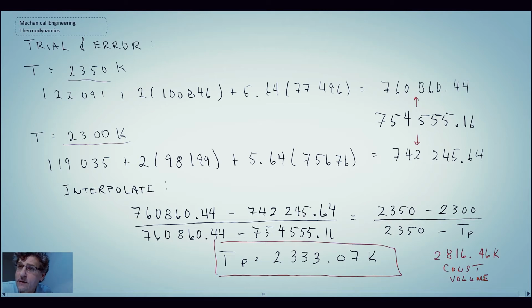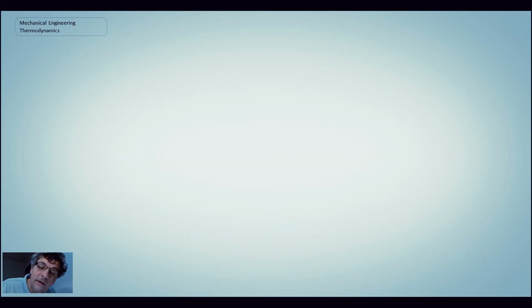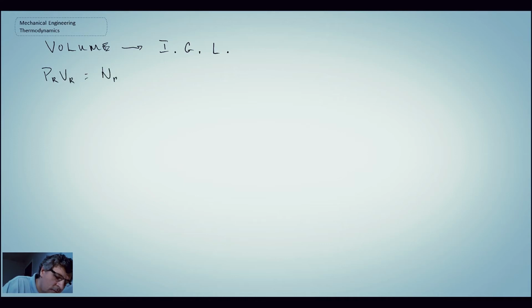But the question asks us to calculate the maximum volume if we're dealing with constant pressure. So this is the number that we have for constant pressure. What we'll do, we'll proceed just like we did last time, and we will use the ideal gas law in order to determine the volume. So we have two forms of the ideal gas equation.